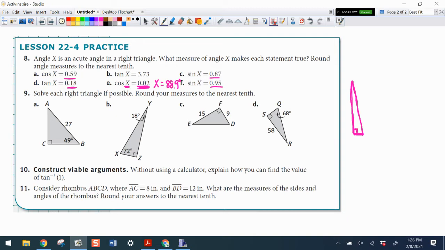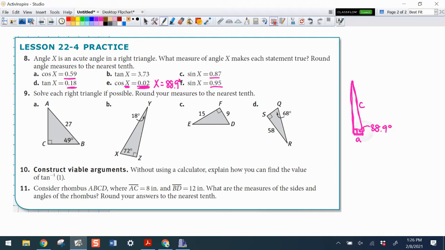Well, the relationship of the adjacent side, and we'll just assume this is the adjacent side, when compared to the hypotenuse, is actually very, very small. That's why this angle right here was nearly 90 degrees itself. Now, obviously, it couldn't have been 90 degrees, otherwise it wouldn't make a triangle.